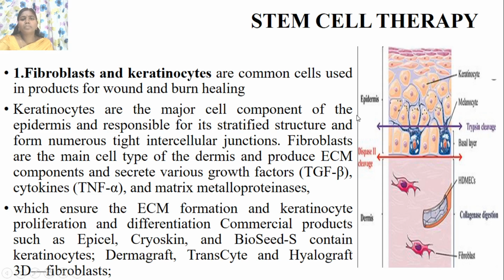Keratinocytes are the major cell component of the epidermis, responsible for its stratified structure, and form numerous tight intercellular junctions. Fibroblasts are the main cell type of the dermis and produce extracellular matrix components and secrete various growth factors, such as TGF-beta, cytokines such as tumor necrosis factor alpha, and matrix metalloproteinases. Fibroblasts and keratinocytes ensure extracellular matrix formation and keratinocyte proliferation and differentiation, which lead to regeneration of the epidermis.